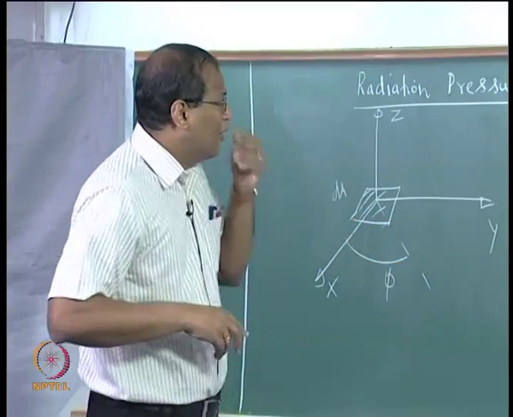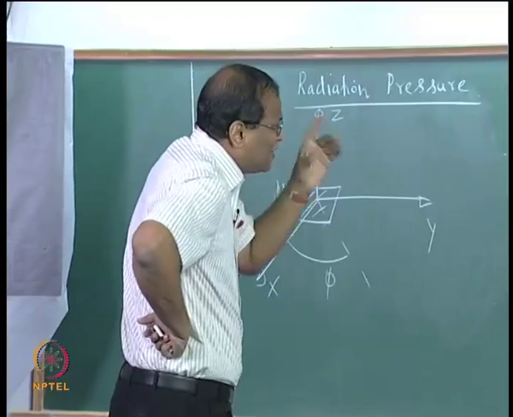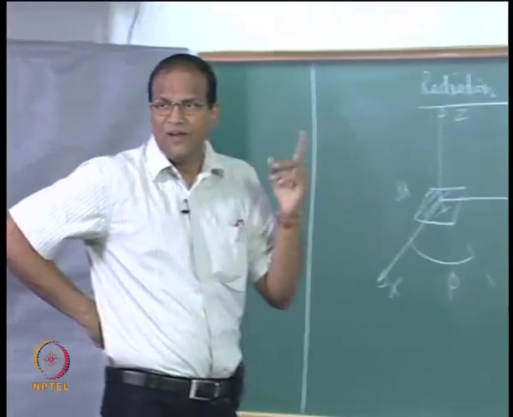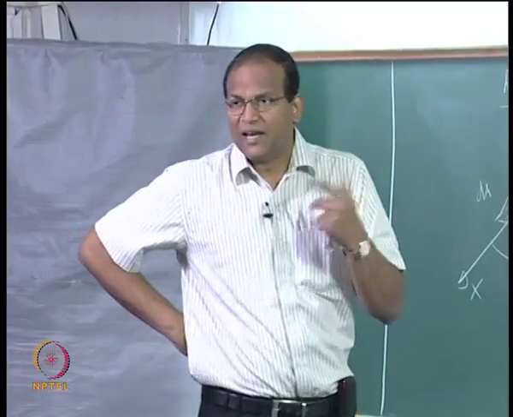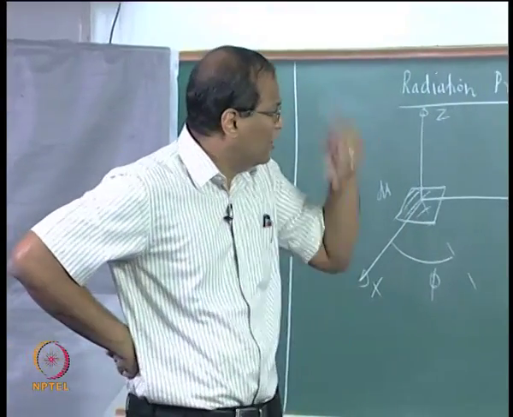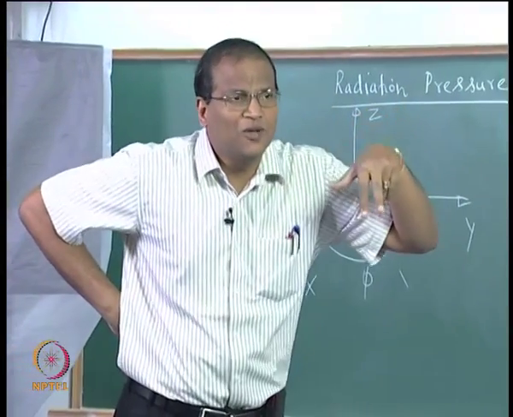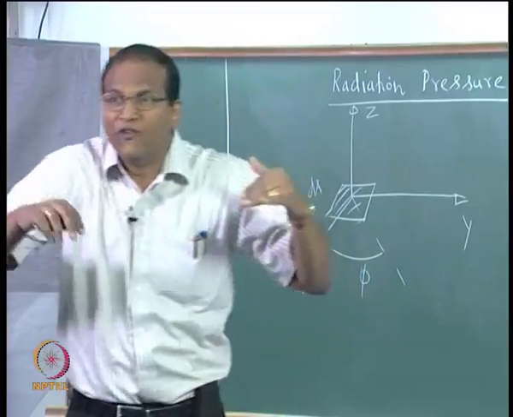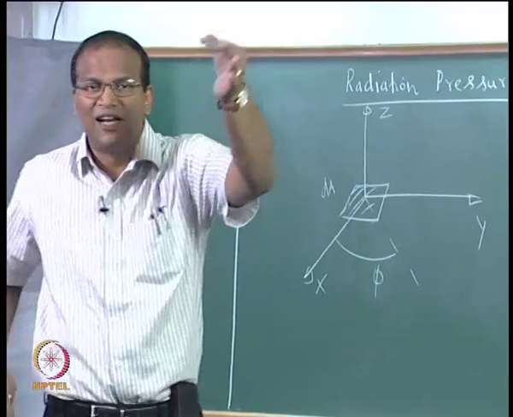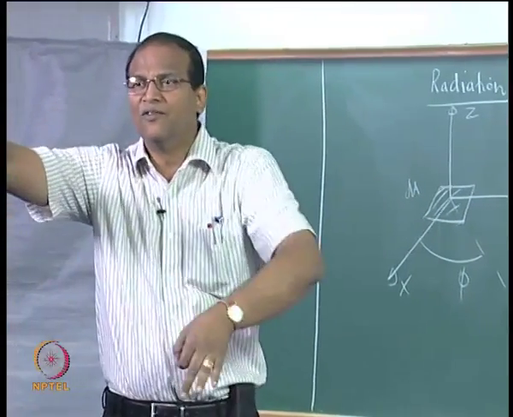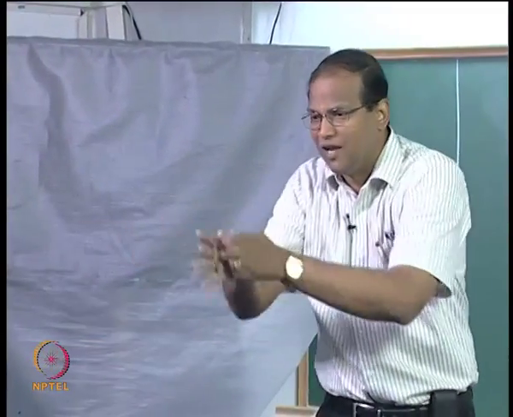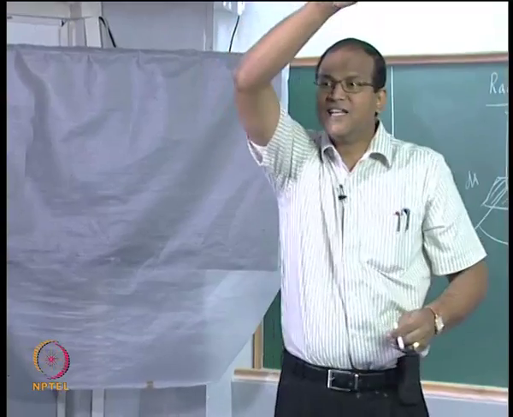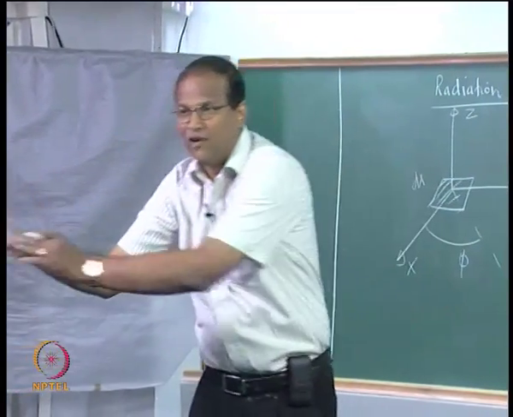Now, my goal: on the left hand side, what are the units? Newton per meter square, pressure. On the right hand side I am getting dq, but already in expression 1 dq is written in terms of I. So if I complete this exercise, I will say that radiation pressure is some function of I. Then radiation energy density as a function of I, I will keep it.